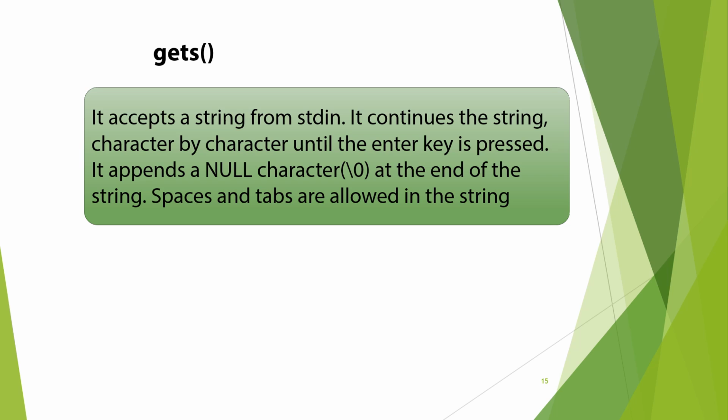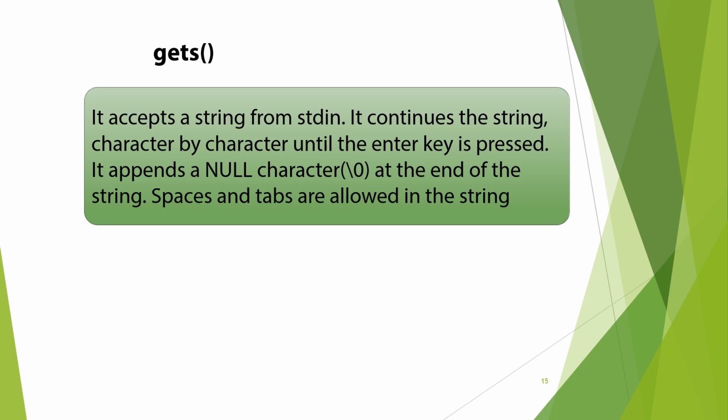Whenever the user presses enter, it appends a null character, or \0, at the end of the string, to show that this is the end of the string. Whenever we are using the gets function, spaces and tabs are allowed in the string. So if we want to enter the full name of the user, that is first name, middle name and last name, where we are using spaces, in that case we can use the gets function.